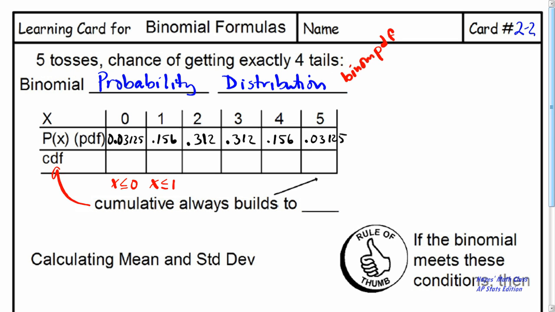So let me put a P in there: P of x less than or equal to 0, P of x less than or equal to 1. That means it's okay to get 1 tail, it's also okay to get no tails, as long as both of those conditions are met. So again, this is CDF, cumulative.